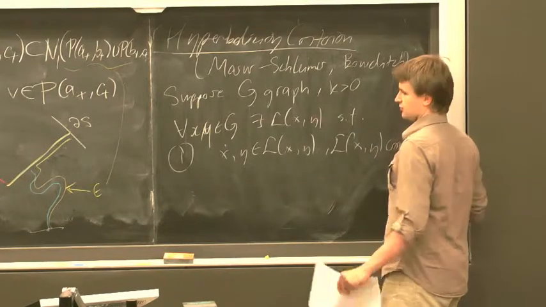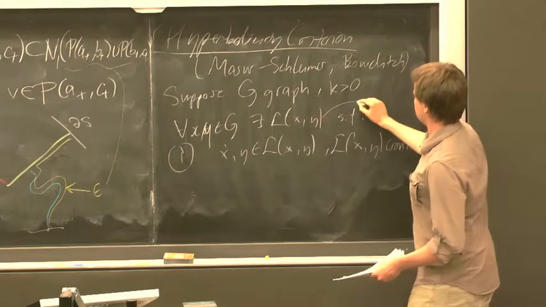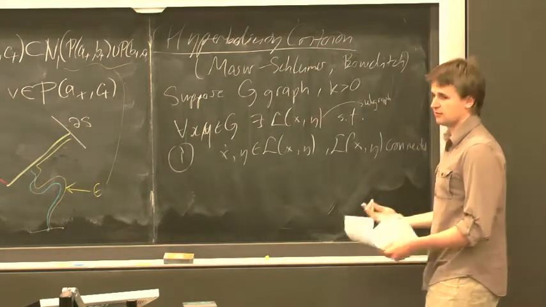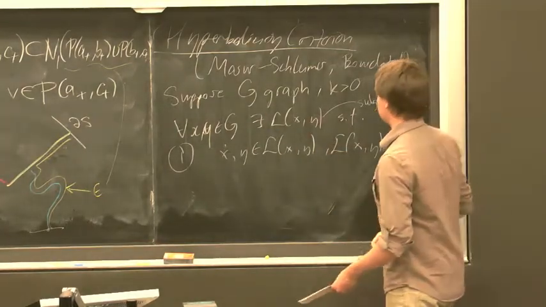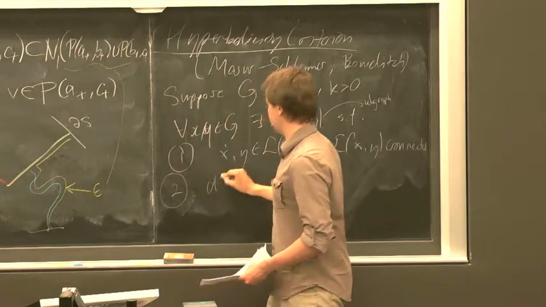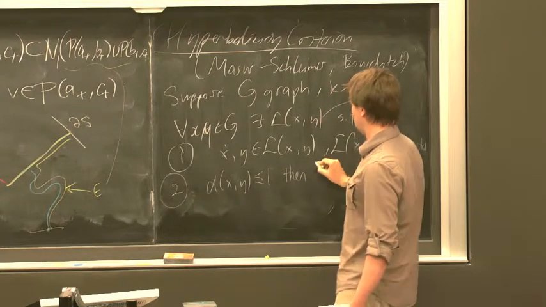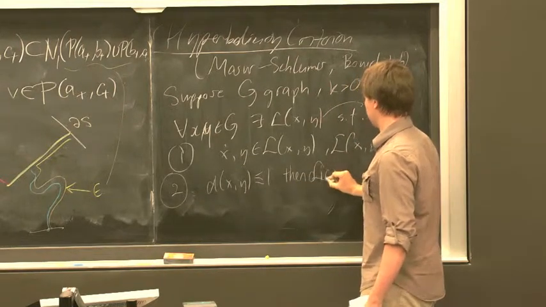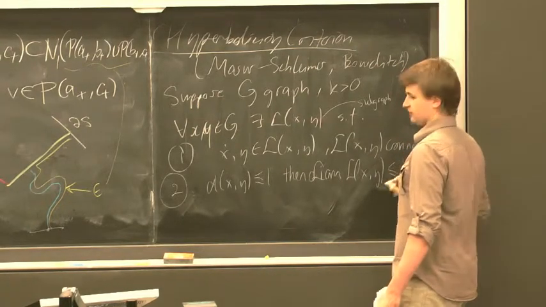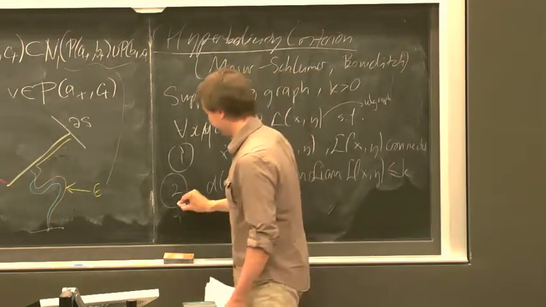So this is a really nice criterion, by the way. I'm going to say this is a subgraph. So it doesn't have to be a path, it could be just some subgraph. You need it to be connected, you want x, y to be in it. When the distance between x and y is small, then the diameter of it is bounded. That's important, because I don't want to take the whole graph every time, for instance.